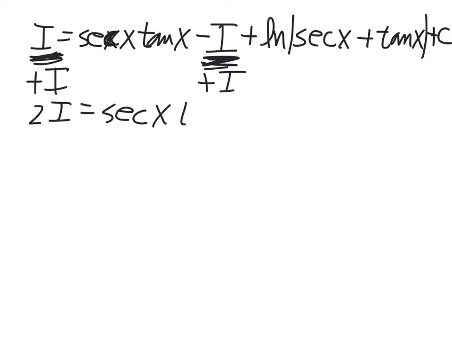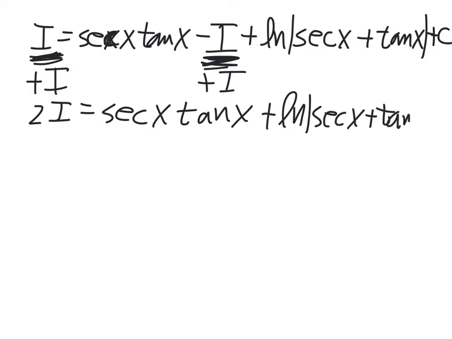And the right side will have secant x tangent x plus our natural log, plus the c. And then finally, to show what the integral of secant cubed x dx is, to show what I is, we've got to divide both sides by 2, or multiply by 1/2. In this case, multiplying by 1/2 is a little bit easier.